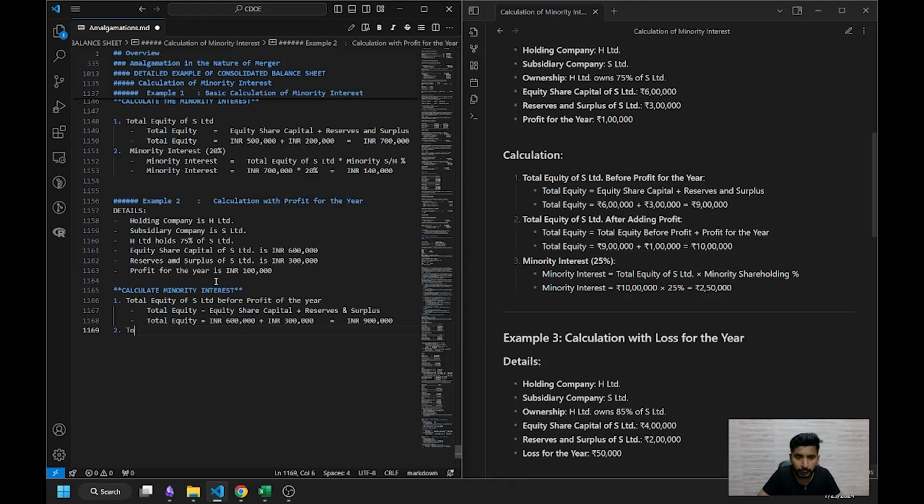Secondly, the total equity of S Limited after adding the profit.